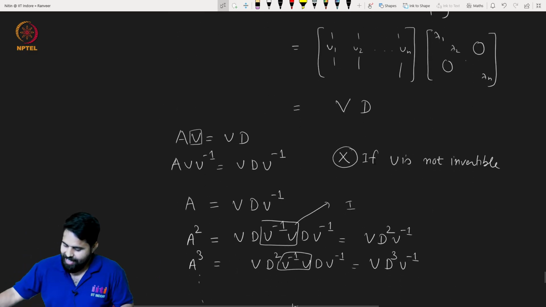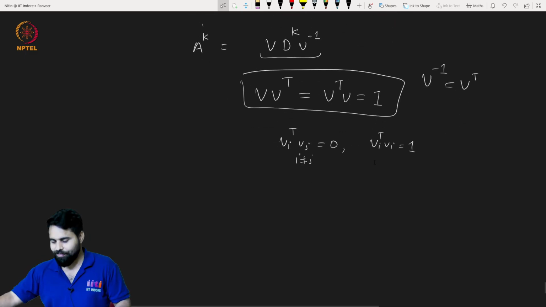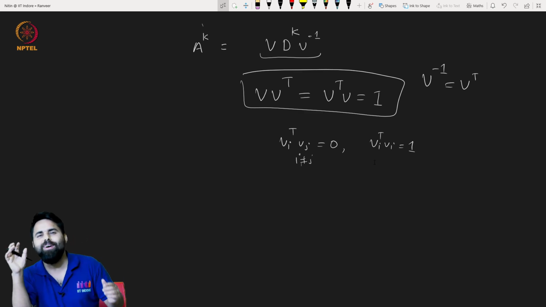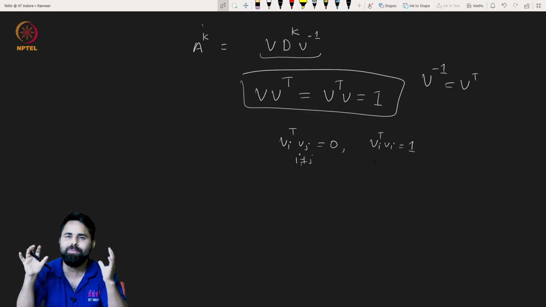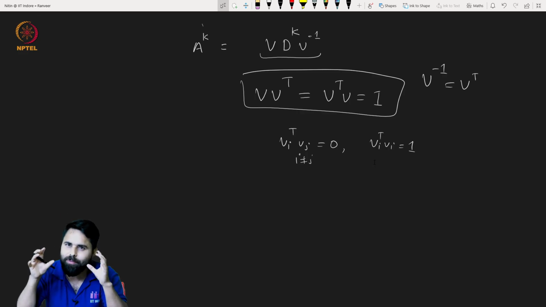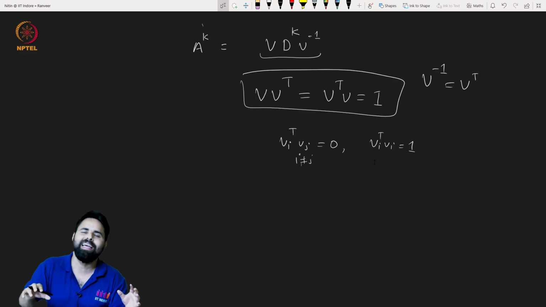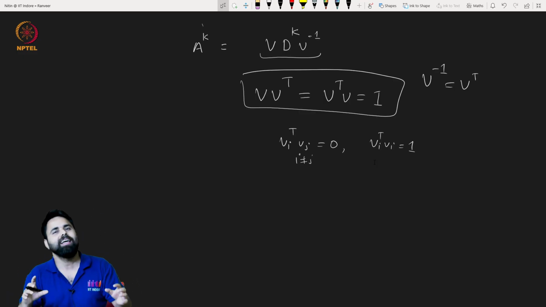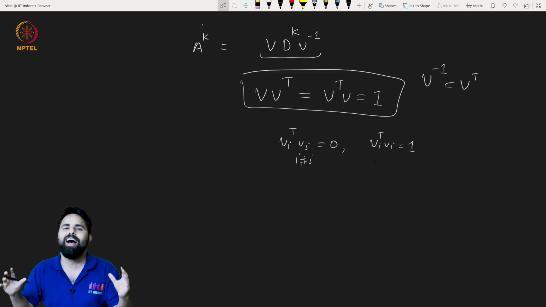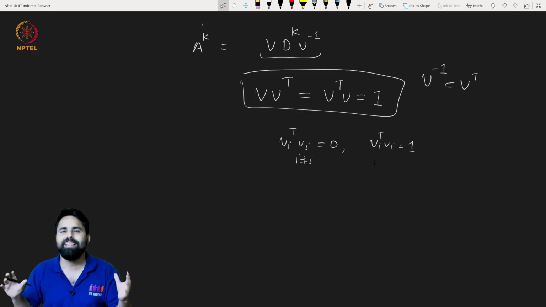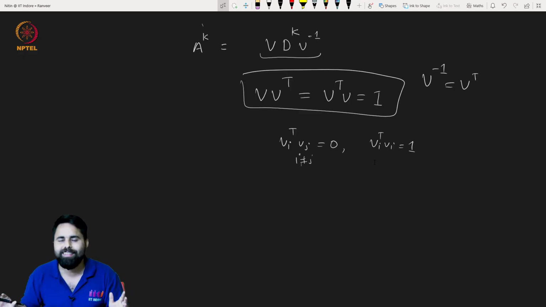The amazing thing is, for a real symmetric matrix, this is always possible. In fact, this is an if and only if condition. If this is possible in the real case, when the entries are real, then the matrix has to be symmetric, and if the matrix is symmetric, then you can always find n orthonormal eigenvectors. This is one of the most beautiful results in spectral theory and linear algebra.